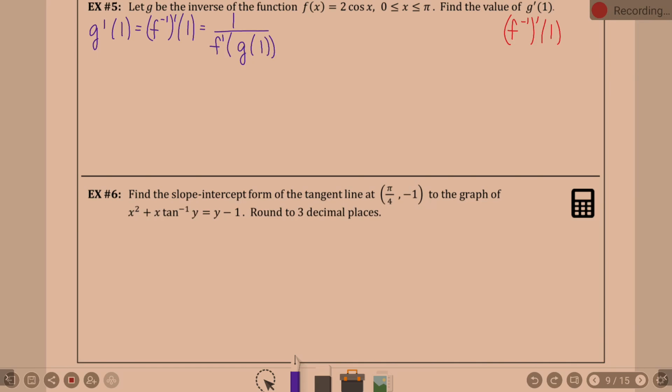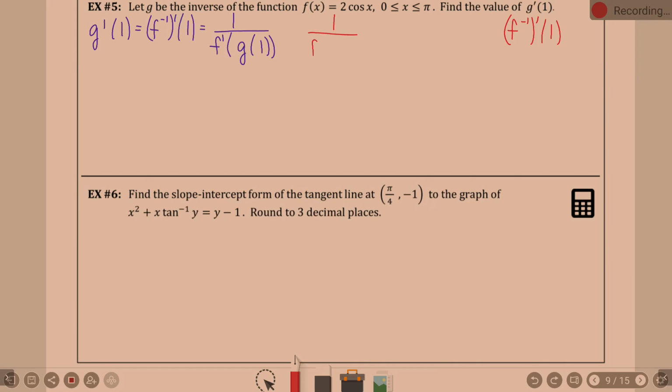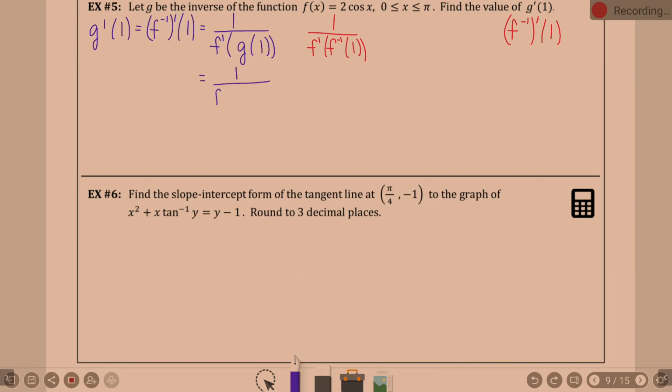Keep in mind, anytime I say g is another way to say f inverse, right? So if your brain works better thinking, oh, this is really 1 over f prime of f inverse of 1, that's what it is also. Okay, now with that in mind, go back to 1 over f prime. We need g of 1, or f inverse of 1.